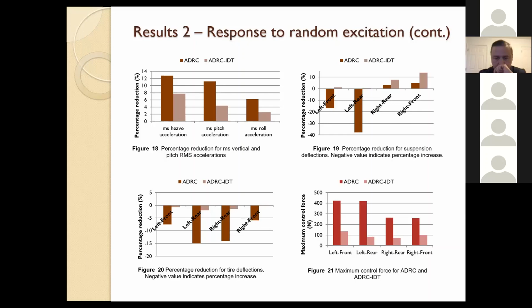But if we look at the different tires, we will discover that at the right front and also right rear, sometimes the ADRC alone will give a better result than the ADRC IDT. In our analysis, this can be for many possible things.